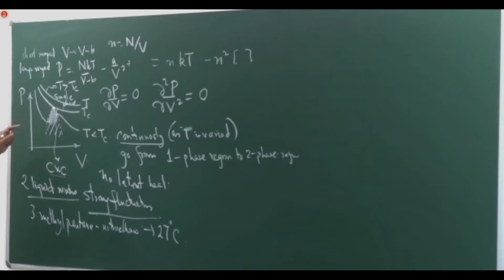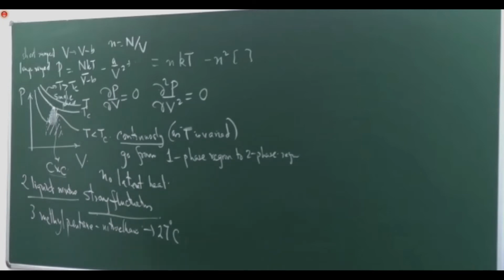Technically, what is happening means what is happening to the physical parameters of the liquid. What are the physical parameters? You want to know, for example, the elastic property, that is the bulk modulus of the liquid. You want to know the specific heat of the liquid.